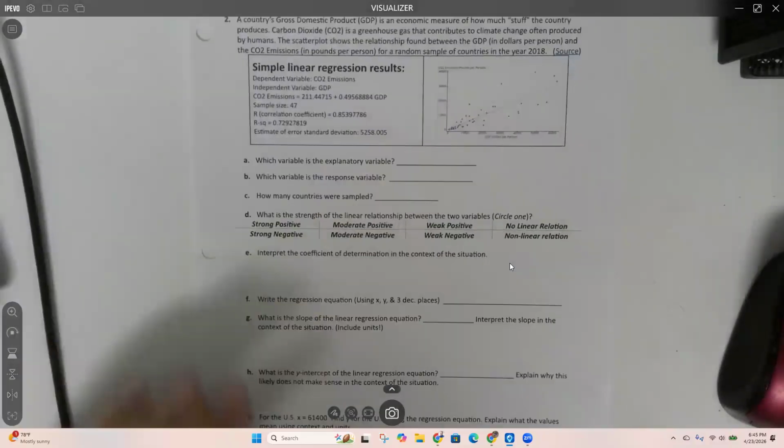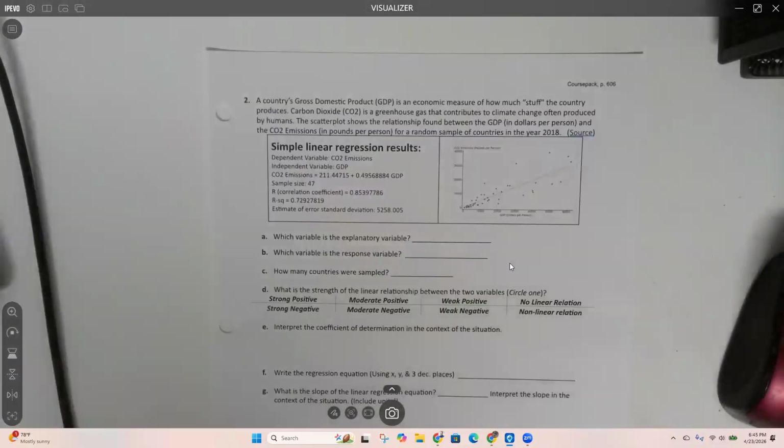Right, so page 606. A country's gross domestic product, GDP, is an economic measure of how much stuff the country produces. Carbon dioxide is a greenhouse gas that contributes to climate change, often produced by humans. The scatter plot shows the relationship between the GDP and the CO2 emissions for a random sample of countries.